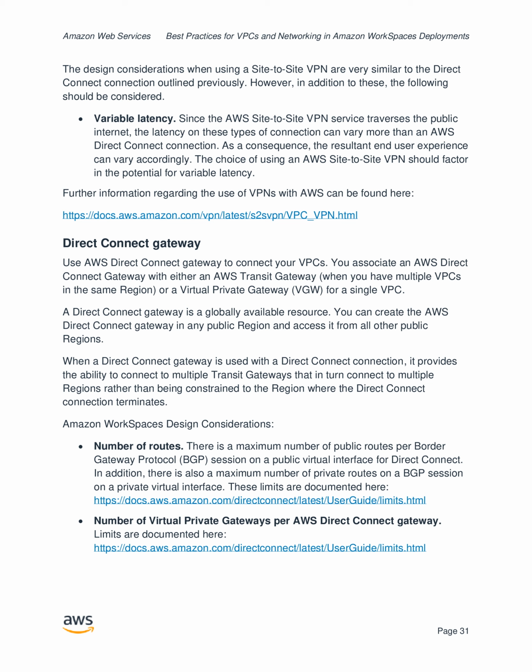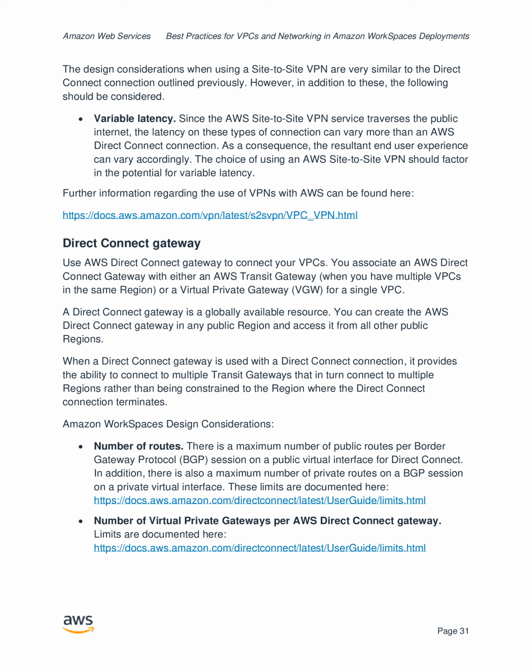The choice of using an AWS Site-to-Site VPN should factor in the potential for variable latency. Further information regarding the use of VPNs with AWS can be found here, https://docs.aws.amazon.com/vpn/latest/s2svpn/vpc_vpn.html.